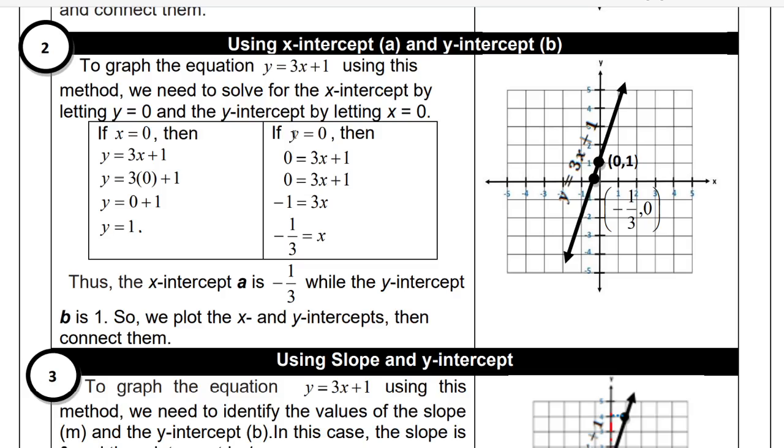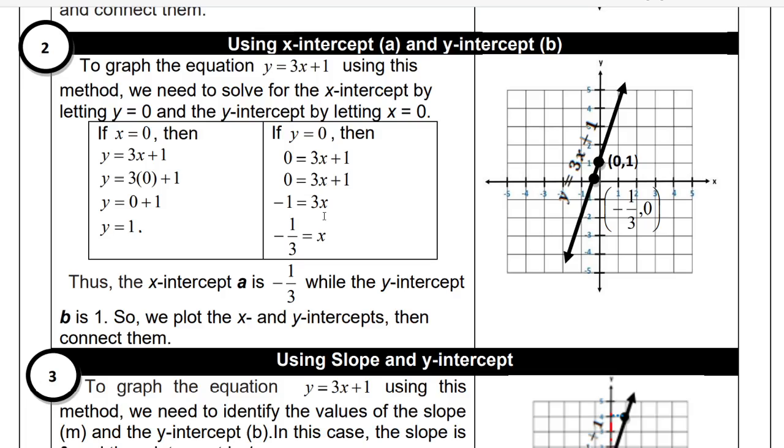So let y be 0. So from the equation, your y is 0 and equals 3x plus 1. Then, transposing or using the addition property, we will add both sides by -1. So this will become 3x equals -1.